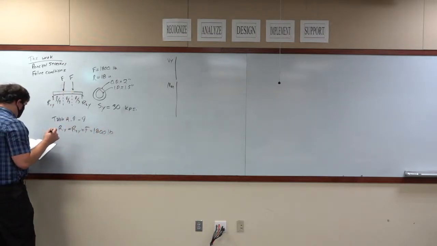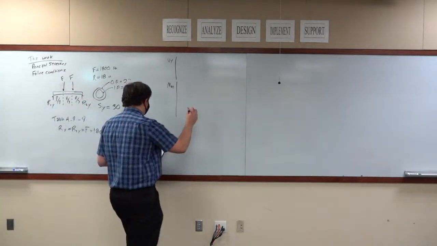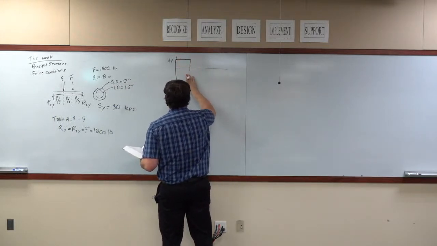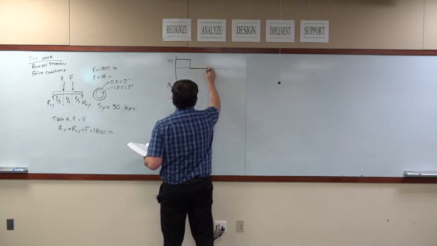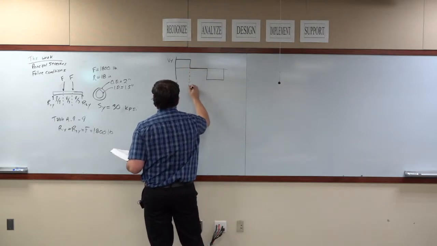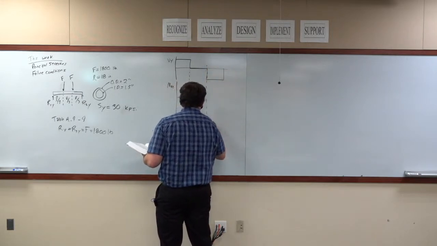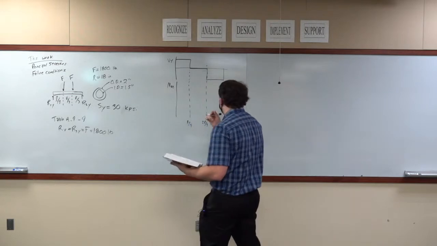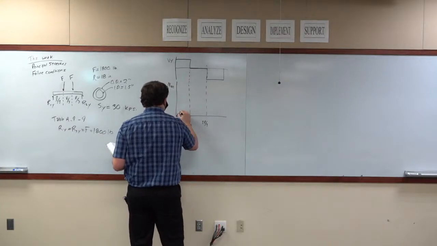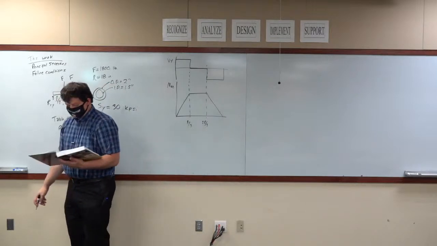This also gives me diagrams for V and M. For the shear force, it looks like this, where this is located at L over 3, and this is located at 2L over 3. The bending moment diagram looks like this.